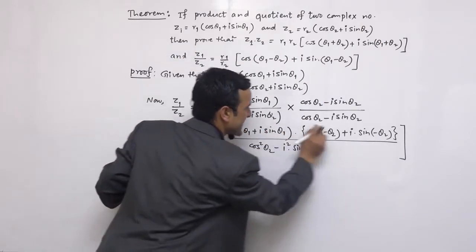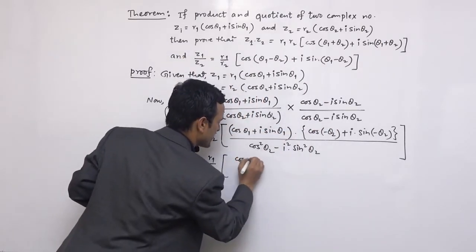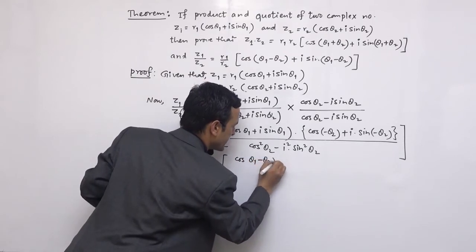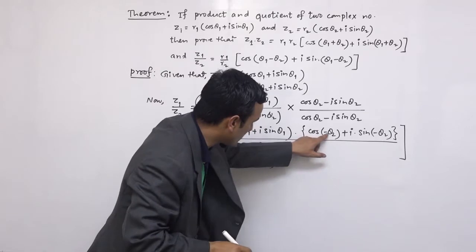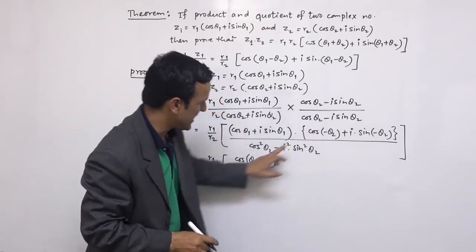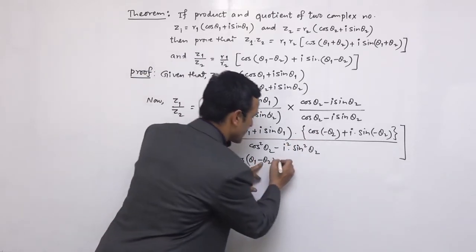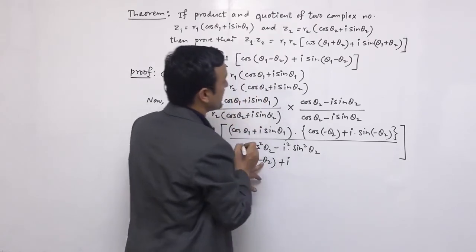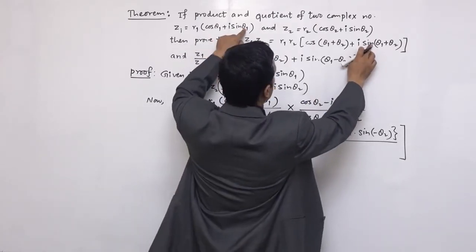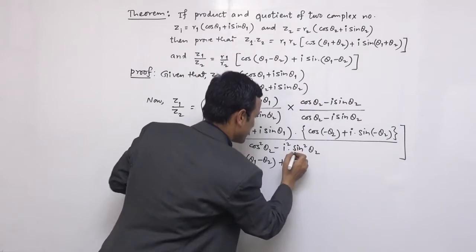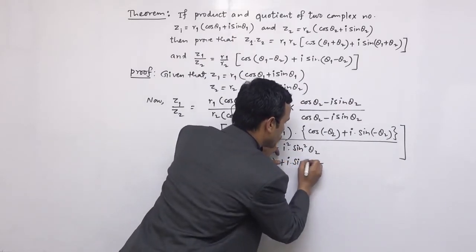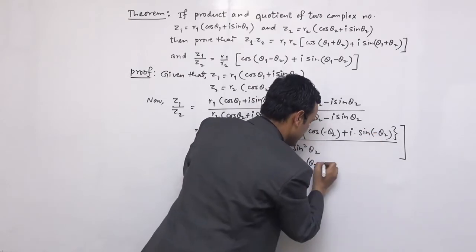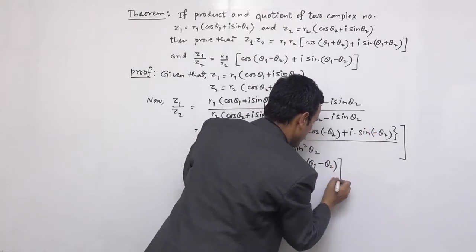So write down this and this means cos theta 1 minus theta 2. Here it is minus, so write down minus. If there were a plus here it would be plus, but it is minus, so write minus. Similarly plus I times sin, now add theta 1 and theta 2. Similarly, where I sin theta 1 should be plus, here it is minus, so write minus.